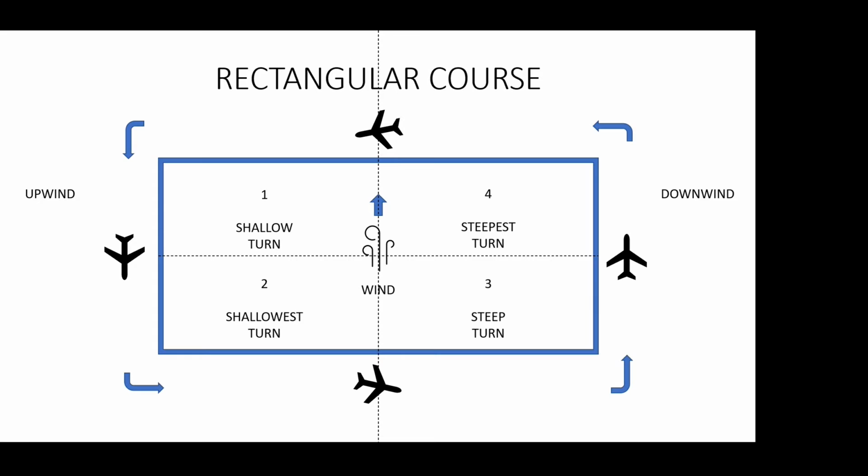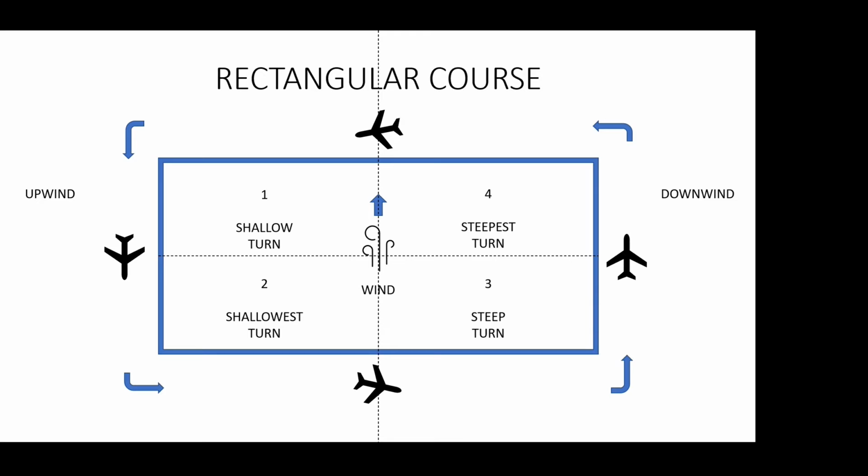So let's talk about what's happening in number 1 there. If you see the top of the screen, the airplane as it flies horizontally across the screen in quadrant number 1 is going to have to apply a little bit of wind correction angle into the wind. So it's going to have to turn a little bit towards the bottom of the screen.